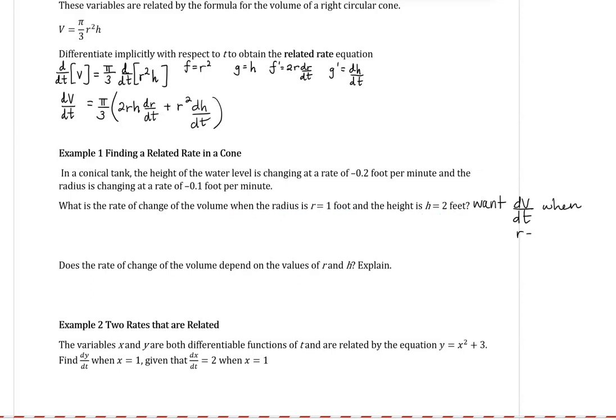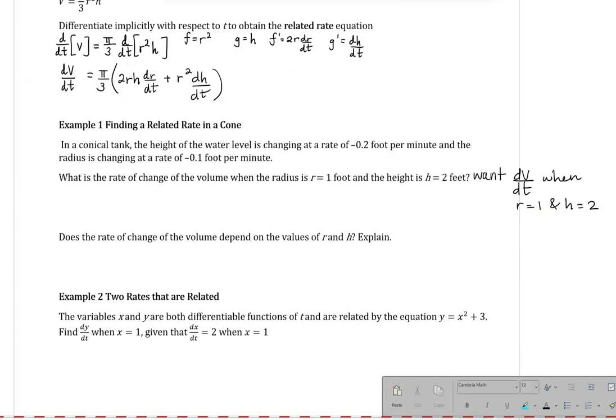So I want this when r is equal to 1 and h is equal to 2. Well, lucky for us, up here we did find an equation for dV/dt by taking the derivative of the volume formula. So now I am going to be plugging in r is equal to 1 and h is equal to 2.